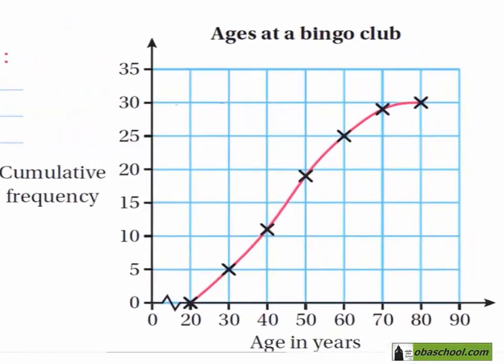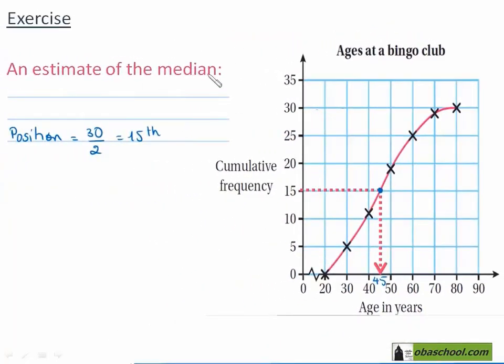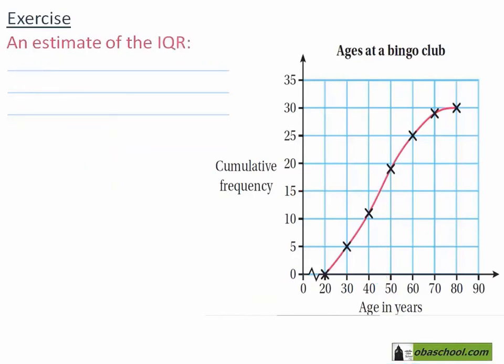We go to the vertical axis, draw a horizontal line, find the point of intersection, and then drop down, and that is where we find it, between 40 and 50, which is 45. So the median is 45 years old, and this would be the whole solution.